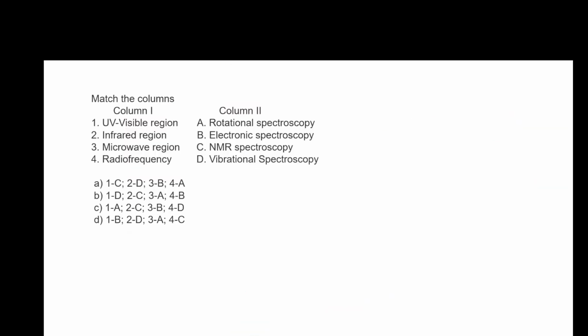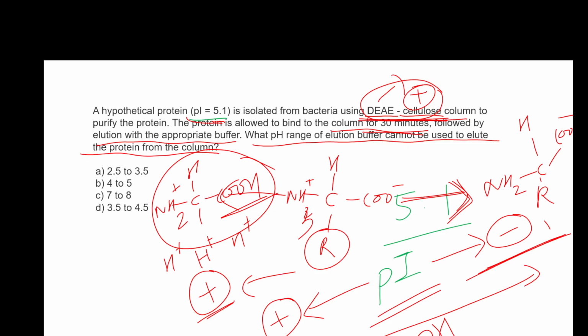So here are the options given to us. The question is, what pH range of elution buffer cannot be used to elute the protein from the column? If the pH of the buffer is greater than pI, then the protein becomes or remains negative, so that pH we should not use.